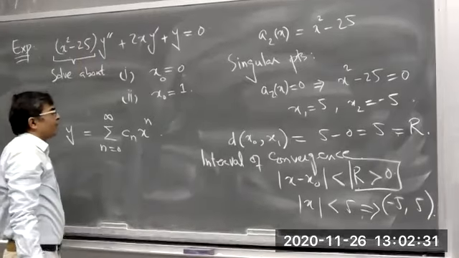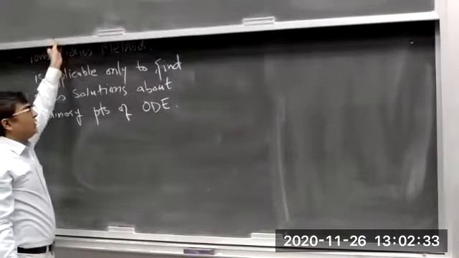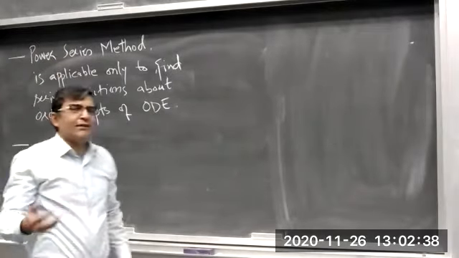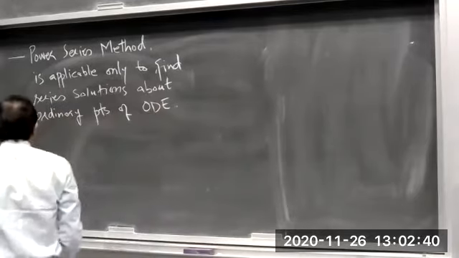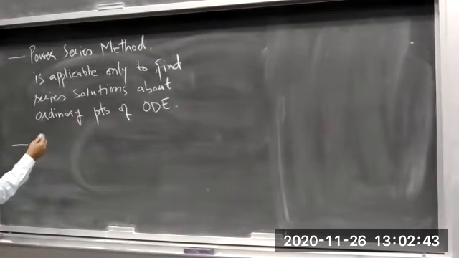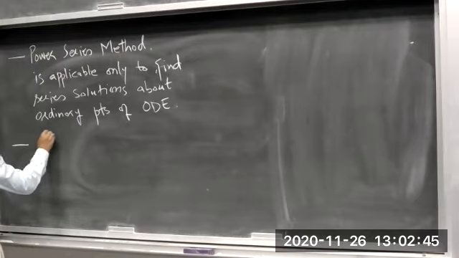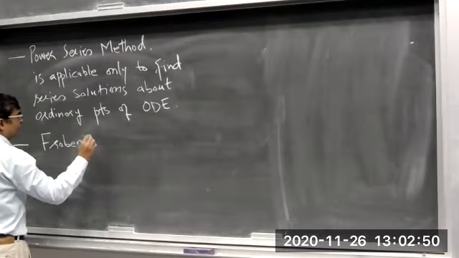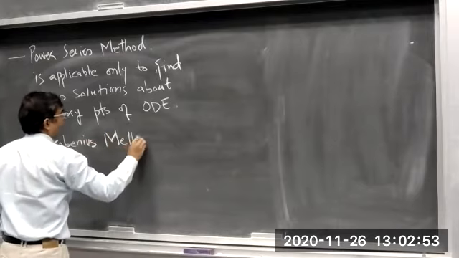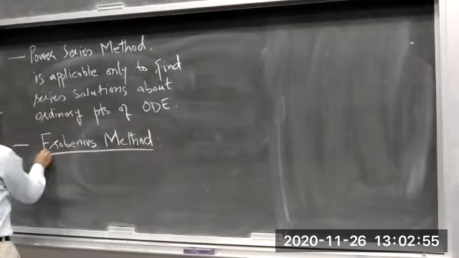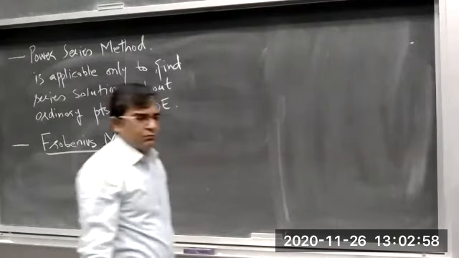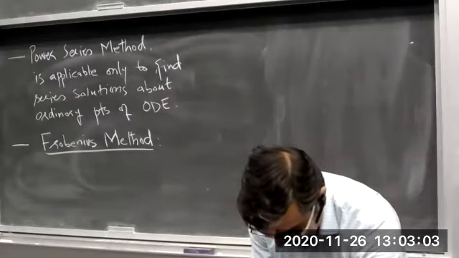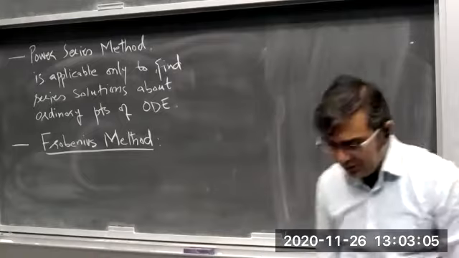So we have to modify this power series method in order to incorporate the singular points. In order to find a solution about singular points, we use the Frobenius method. It is also a series method. So Frobenius modified this method in order to find the solutions about the singular points.